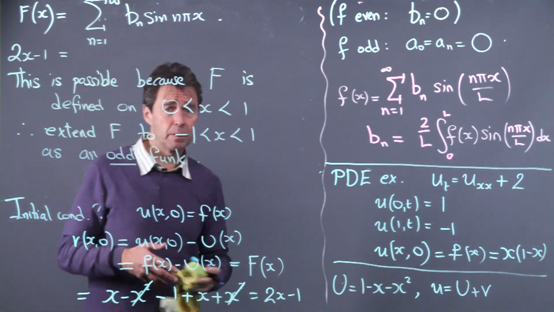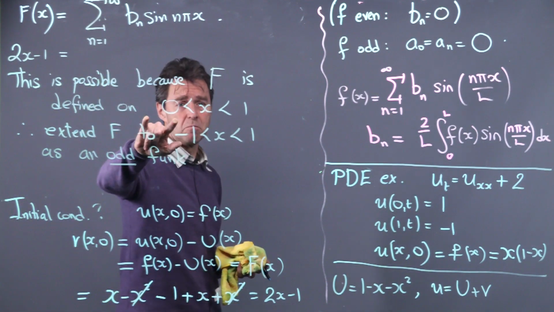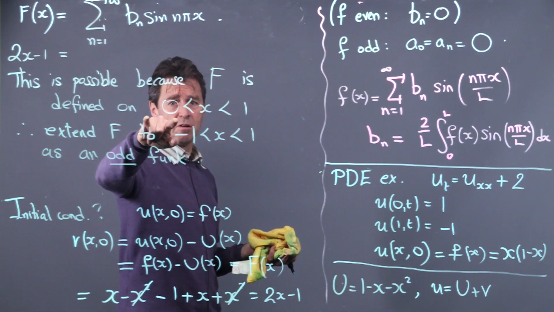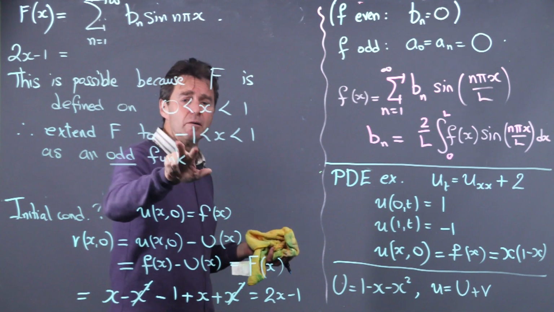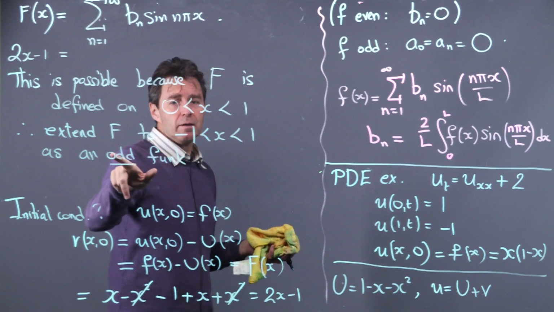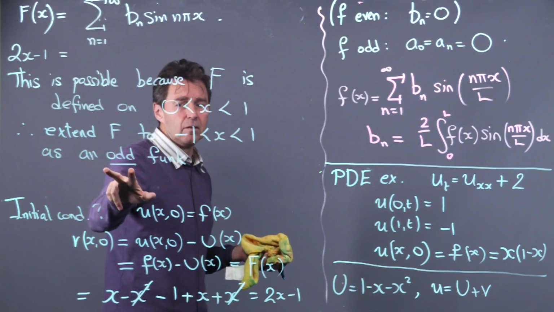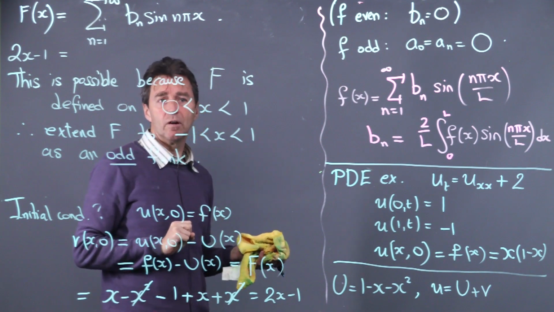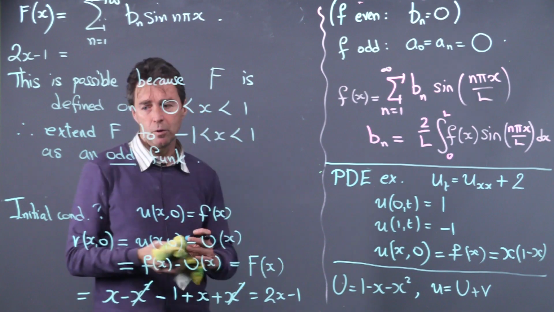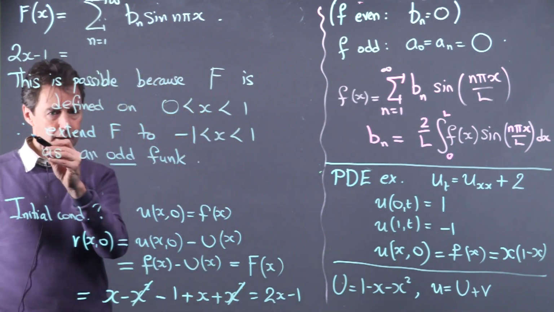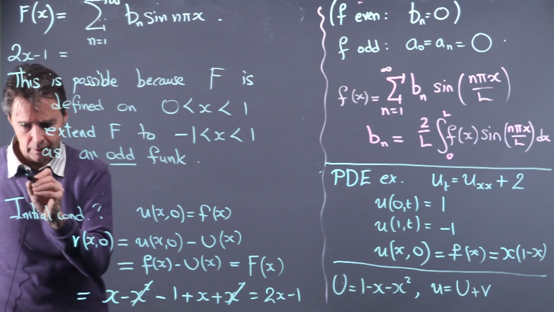And I'm free to do that because there's just no information there. I can pick whatever I want. So I'm going to deliberately pick that over minus 1 to 1, I have the odd extension of f. That gives me an odd function between minus 1 and 1.